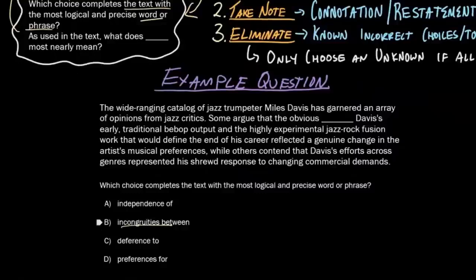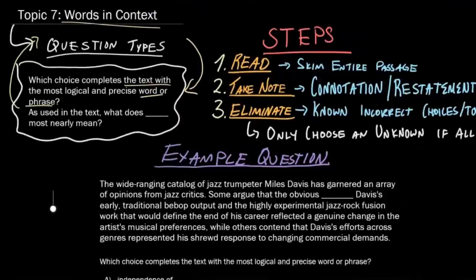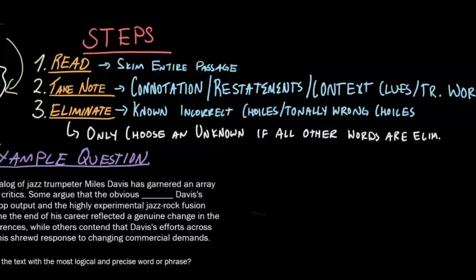So here, for example, incongruities or deferences or preferences or independence, etc. And then, as used in the text, what does this vocab word most nearly mean? What they might give you here is a word that has a bunch of different meanings, like date, let's say. You have the fruit, you have the calendar date, you might have a romantic date, etc. What does that most nearly mean? Then they'll give synonyms for the different meanings of that word.